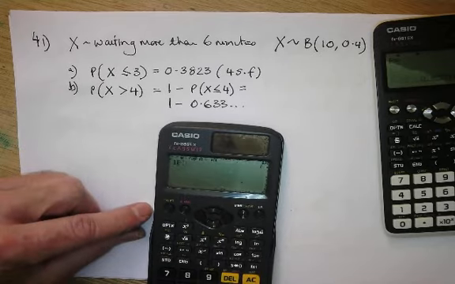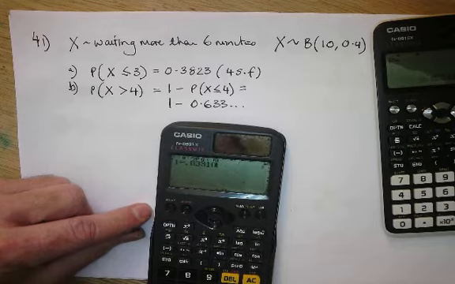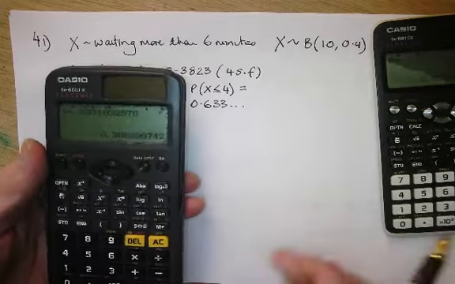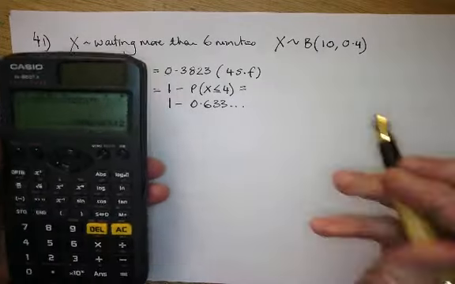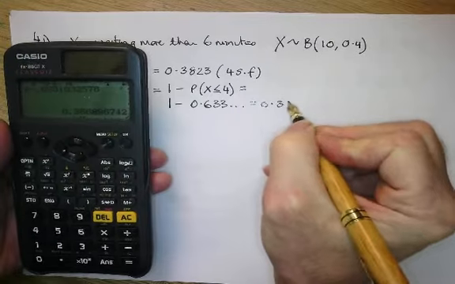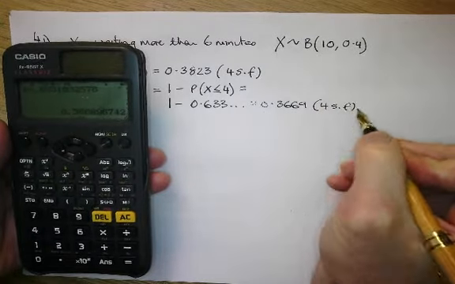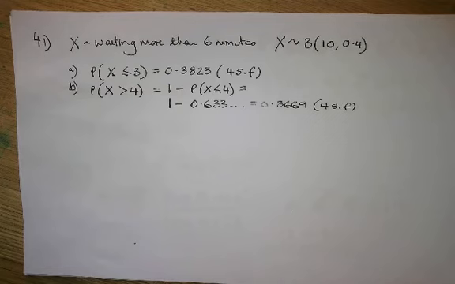I've just corrected it because last time I got that wrong. So it's 1 minus 0.63310325576 equals, there we go, a lot better. So that is to 4 sig fig, that equals 0.3669, again to 4 sig fig.